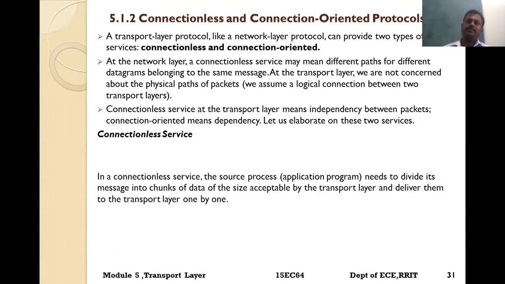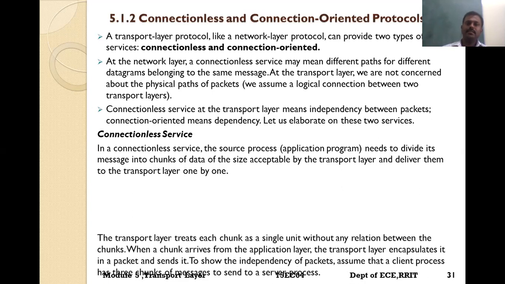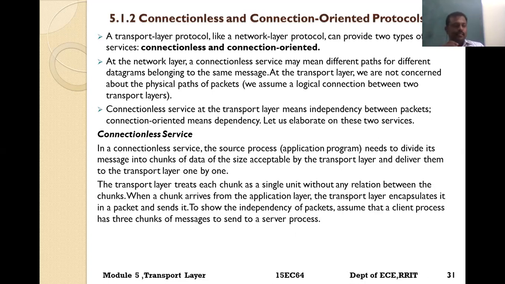In the connectionless service, the source process needs to divide its message into chunks of data of a size acceptable to the transport layer. Each chunk is a packet, and the transport layer treats each chunk as a single unit without any relation between the chunks.